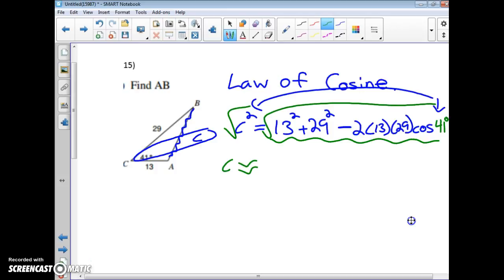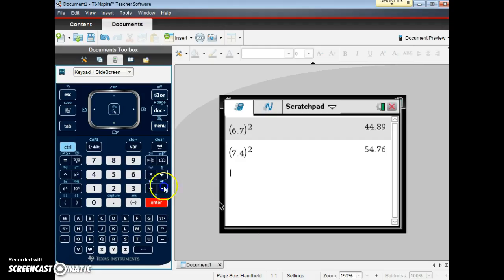If you plug all that correctly into your calculator, and I'll show you how to do it, you're going to do Control X squared, then you're going to do 13 squared, plus 29 squared, minus 2 times 13 times 29.